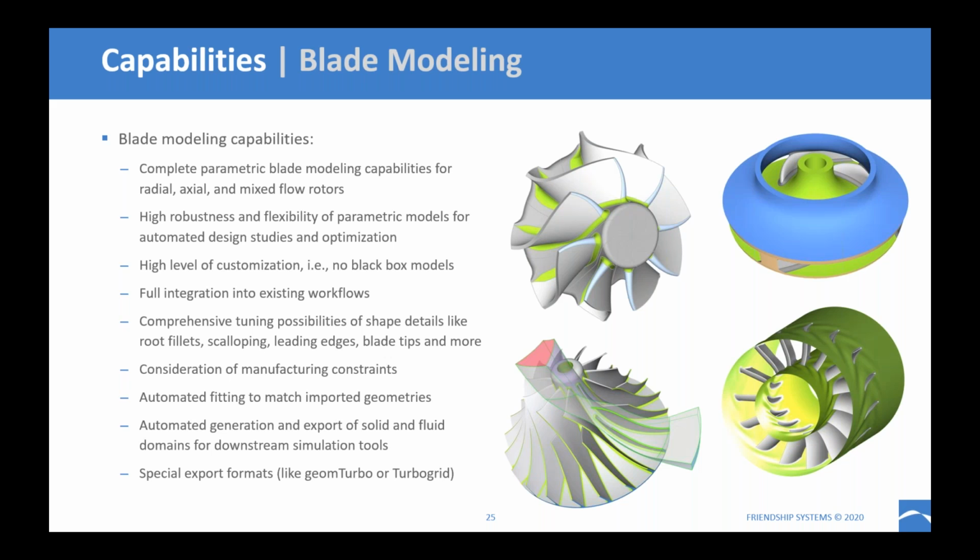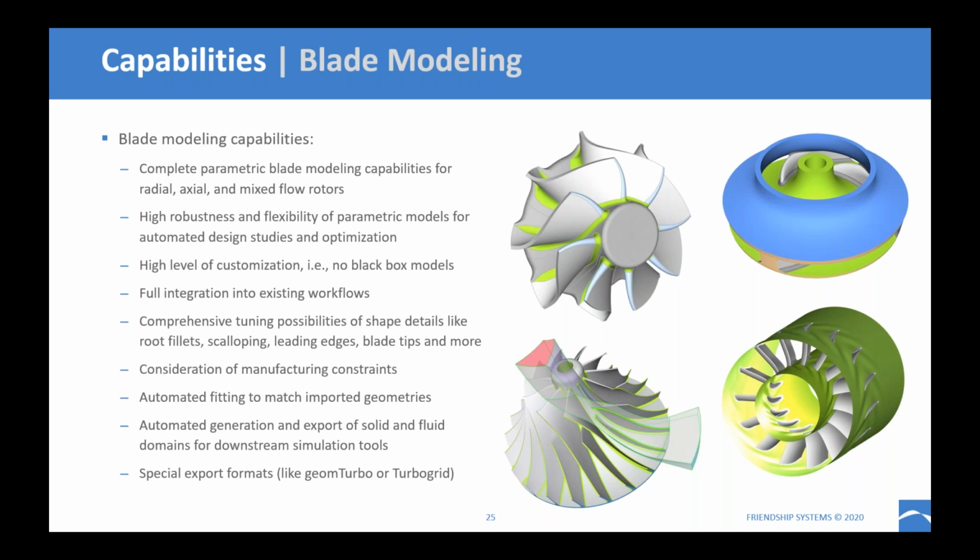There is a high level of customization, so there are no black box models where you can just fit in your parameter values, but all parametrizations can be completely created by the user from scratch. And we can fully integrate, of course, into existing workflows.